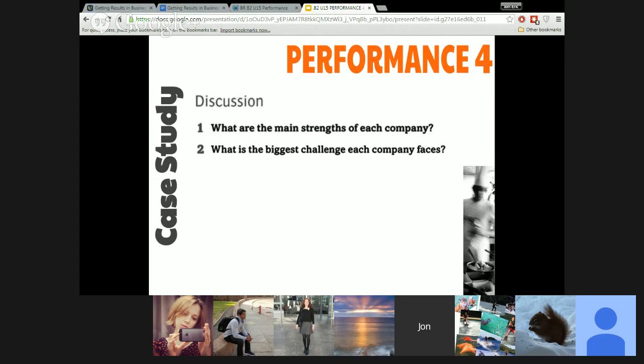And what's the other one? Innocent Drinks is facing a problem with a lack of experience. On the plus side, Innocent Drinks is a healthy product, so it's easy to sell. Maximuscle is run by people who have a lot of experience, so they have a lot of know-how.